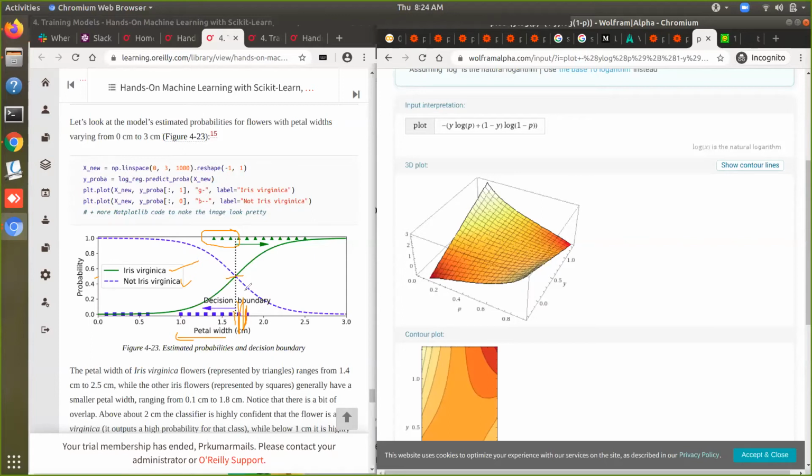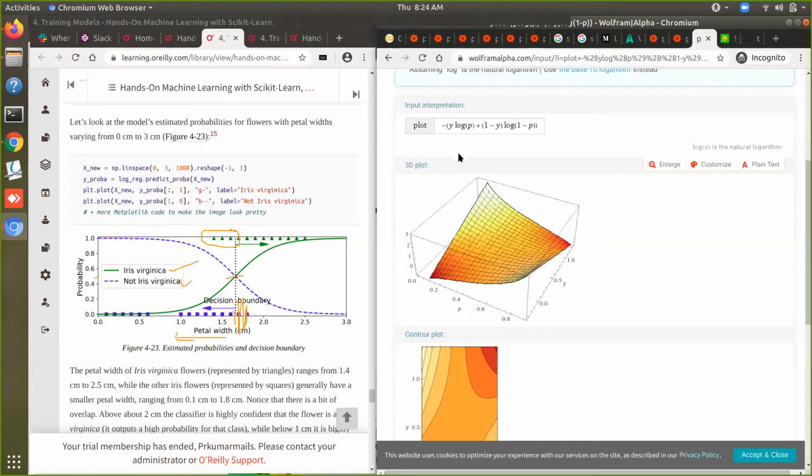So there is some cost involved here. So we need to find the optimal probability to decide which class a given flower is. To do that, we need to study the decision boundary over some plots. So this is one among them.